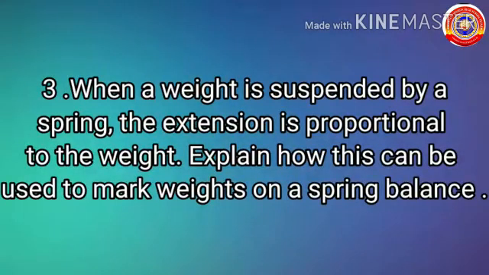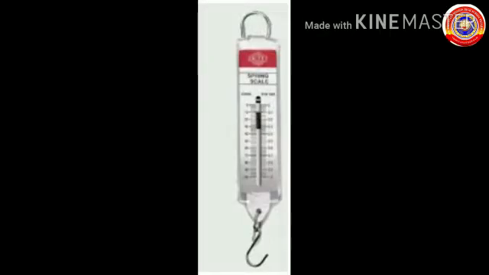In the third question, when a weight is suspended by a spring, the extension is proportional to the weight. Explain how this can be used to mark weight on a spring balance. Let the spring be extended by x centimeter when a weight of 100 gram is hanged. If a weight of 200 gram is hanged, the spring will extend by 2x centimeter. If a weight of 300 gram is hanged, the spring will extend by 3x centimeter.